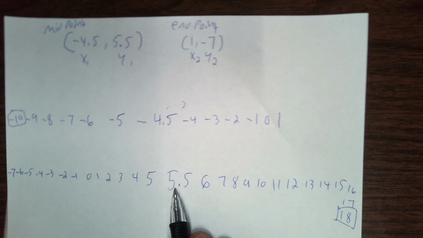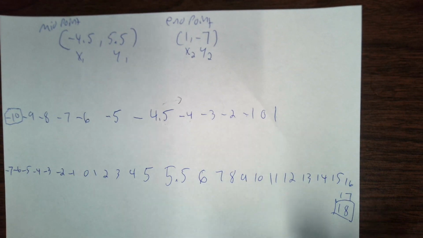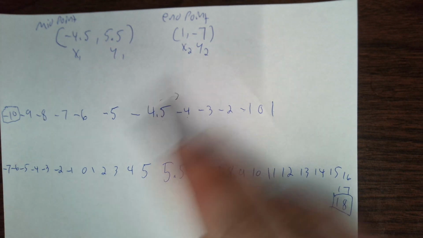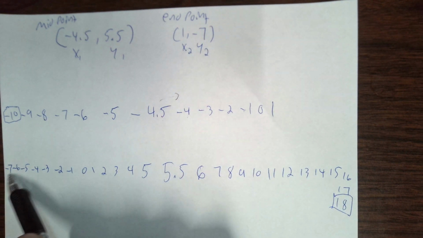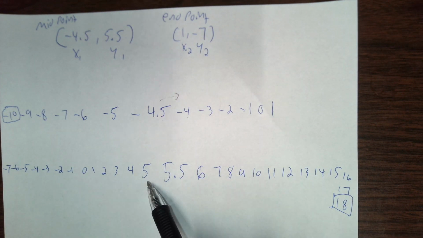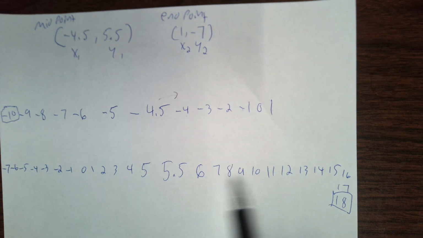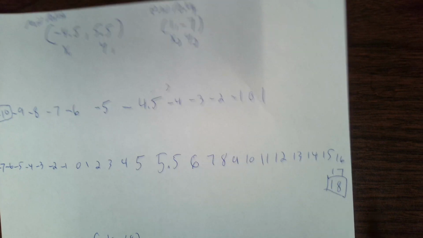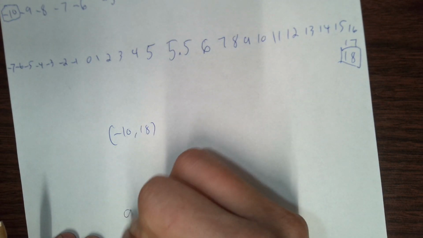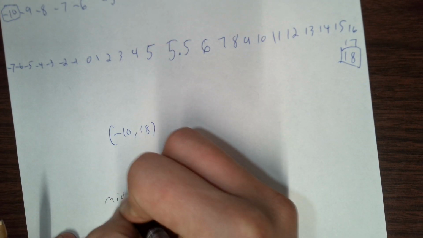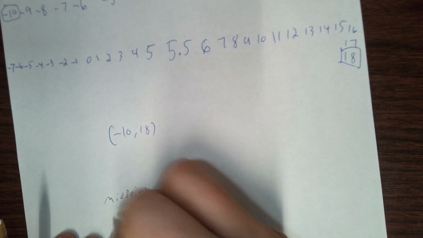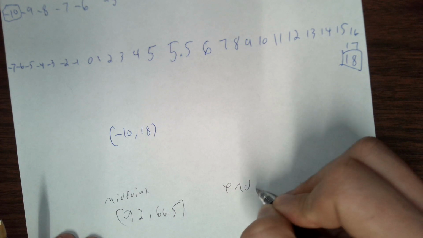For this half one, we went to the left first, because we went to negative 7, which was 13 numbers. And then we went to the right 13 numbers, and we left off at 18. And if you're a little scared, right, the midpoint, if you get higher, the numbers get bigger. It's the same thing.